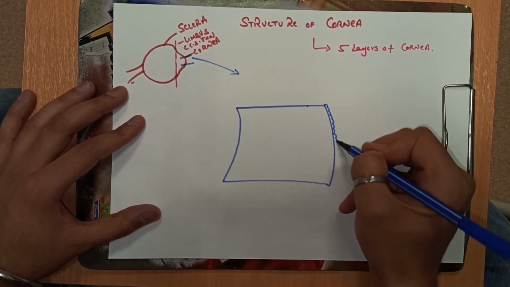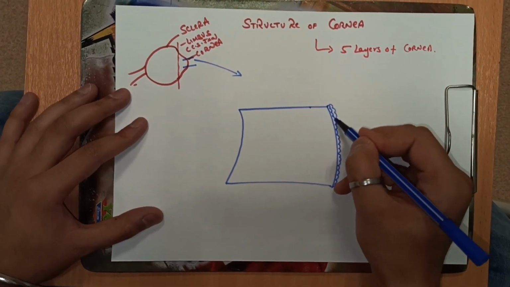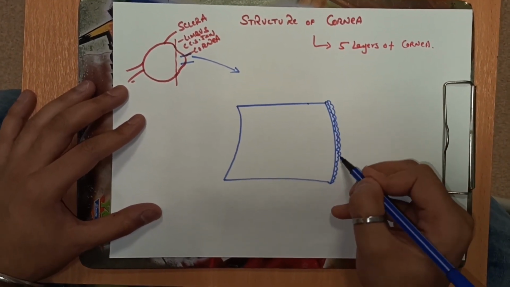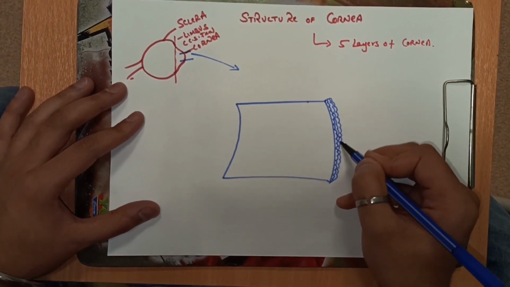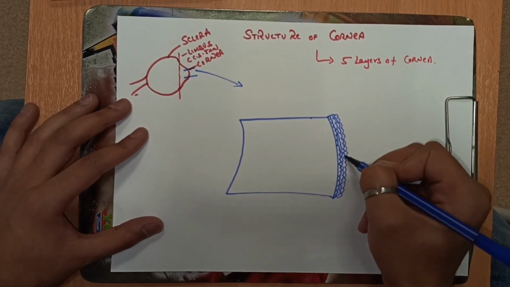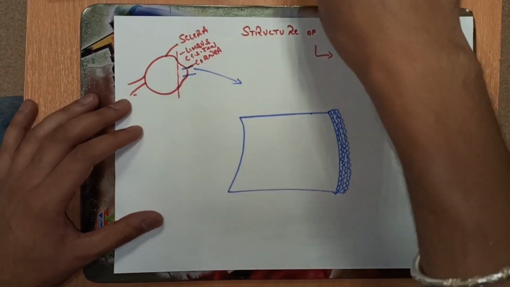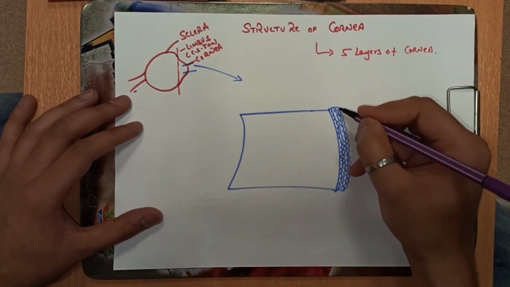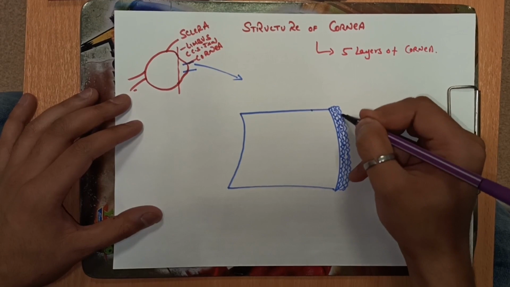The first layer is the epithelial layer. You might know this is multi-layered, so it is not simple, but it is the stratified squamous non-keratinized epithelium. And moreover, we know that in the center the epithelial cell consists of a nucleus.